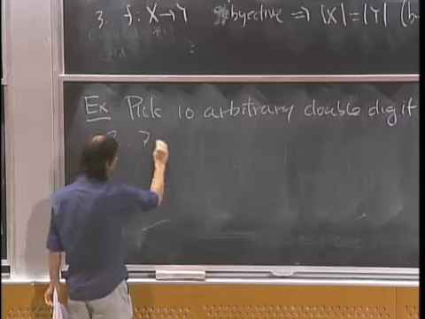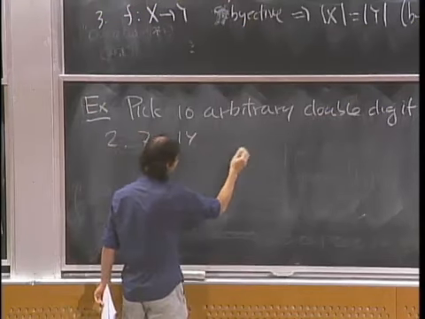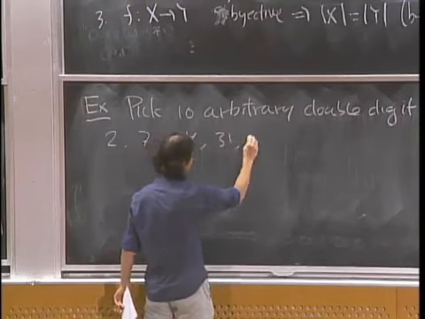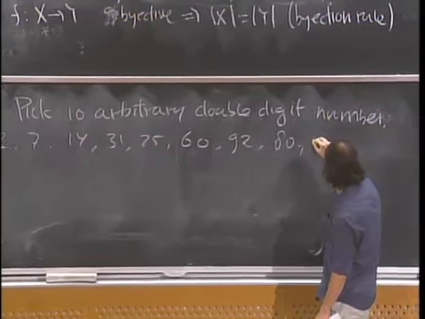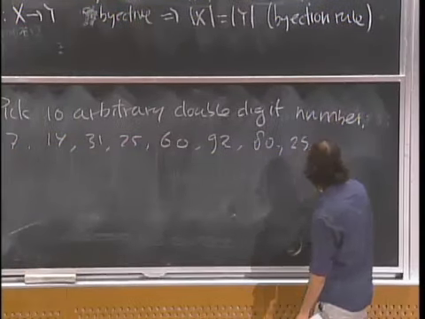I don't know, 2, 7, 14, 31, 25, 60, 92, and so on. So I have 1, 2, 3, 4, 5, 6, 7, 8, 9, and another one, say 91 or something like that. So I have 10 double-digit numbers.